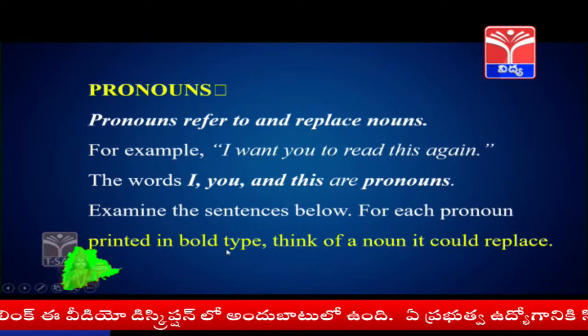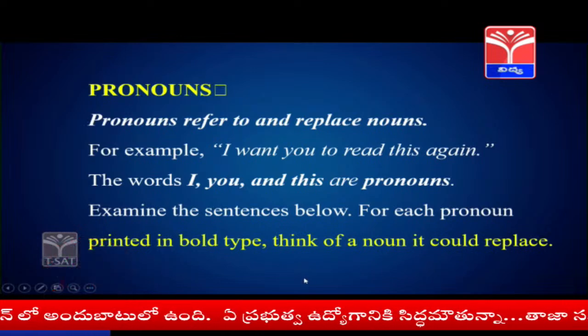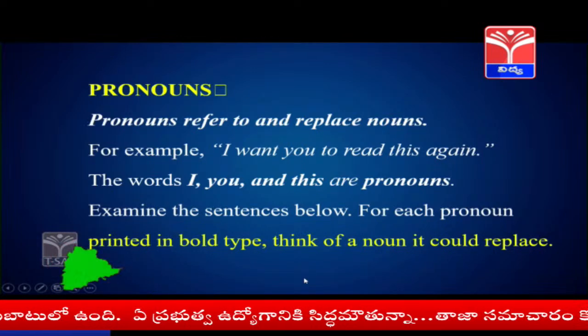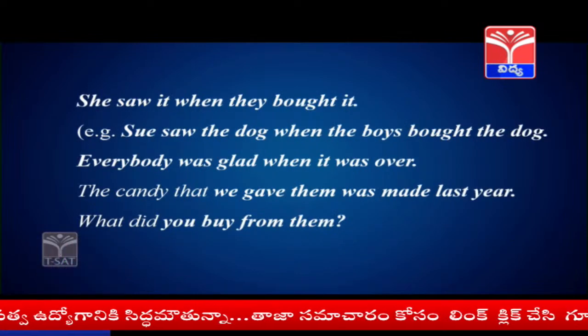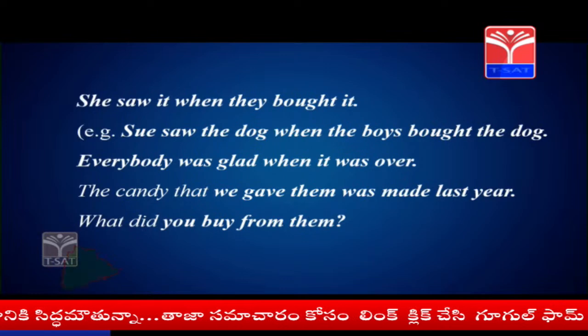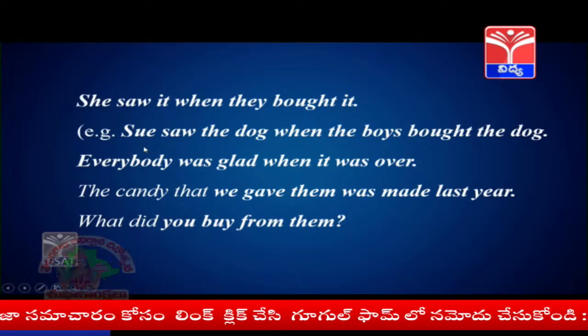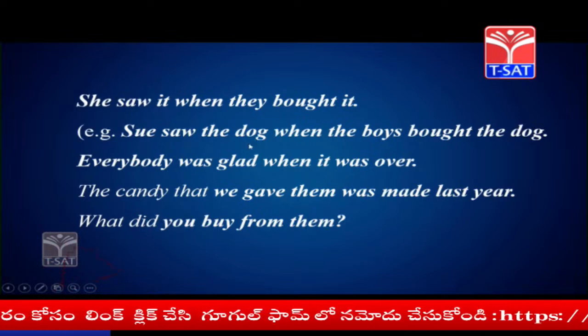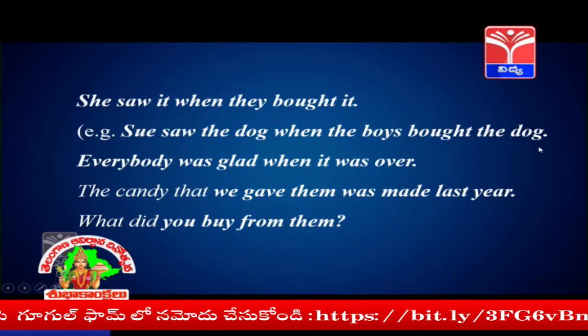Now you see in the example sentences here, these pronouns are printed in bold type, right? See, "She saw it when they bought it." The sentence is, Sue saw the dog when the boys bought the dog.